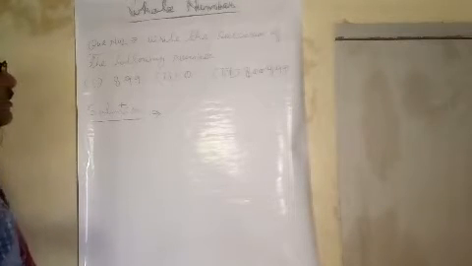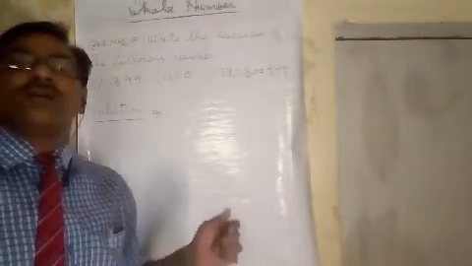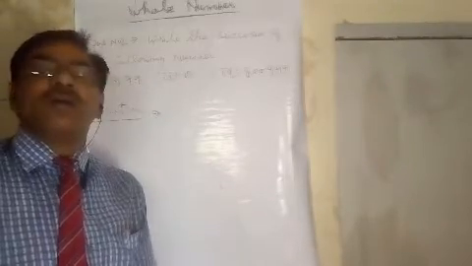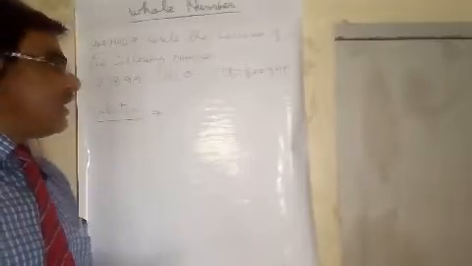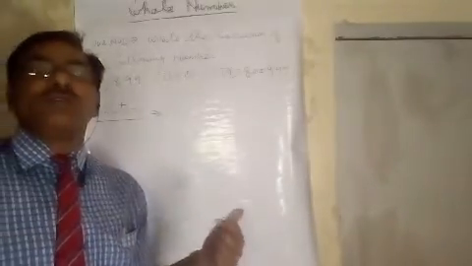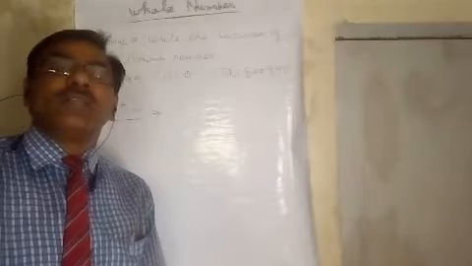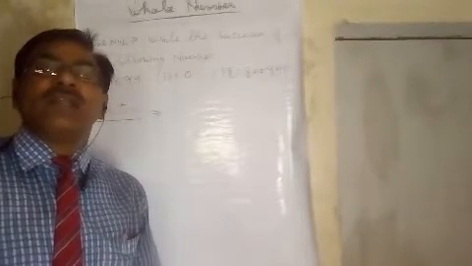You have to find out the successor of 899. As you know, in the previous statement I already told you, if you want to find the successor of any number, we add 1 to that number.